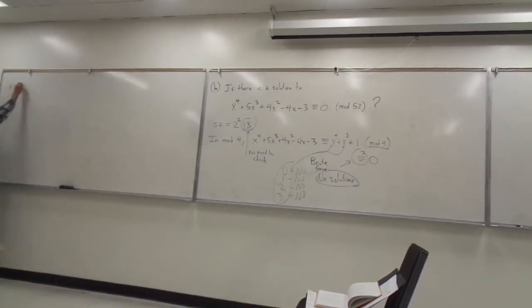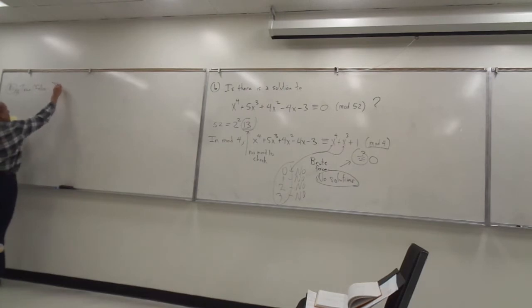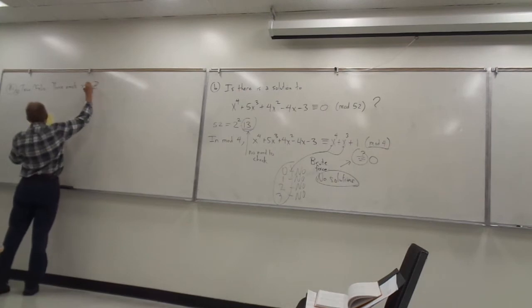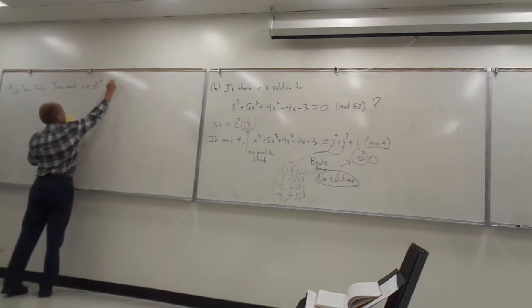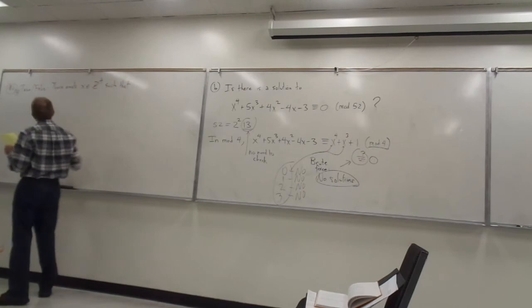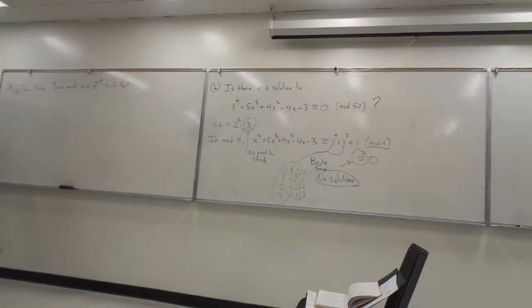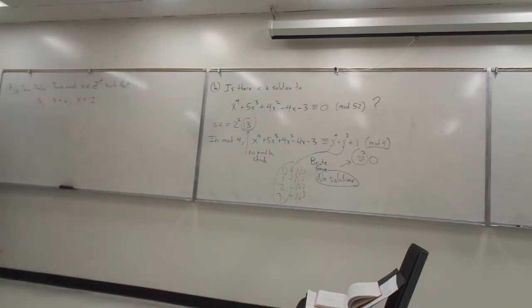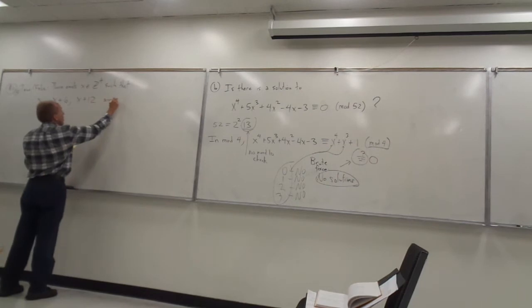Okay, so here is part A and part B. True or false? There exists an x in the positive integers such that x, x plus 6, and x plus 12, these 3 numbers, are all prime.